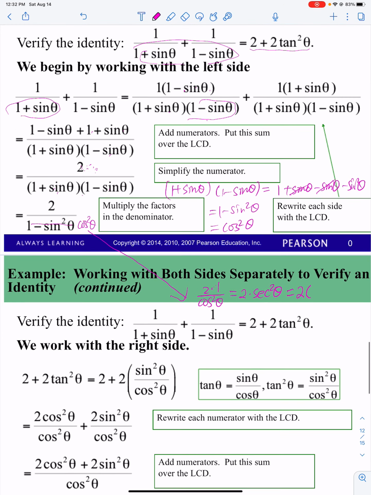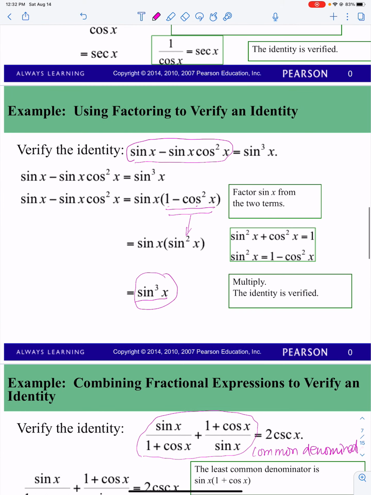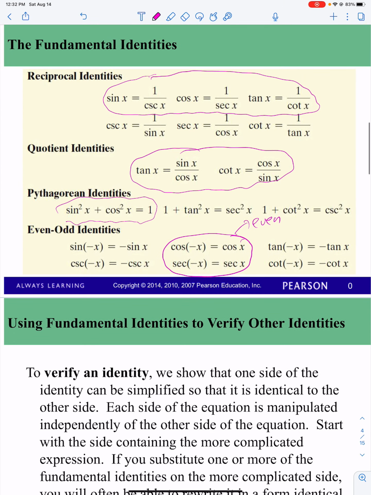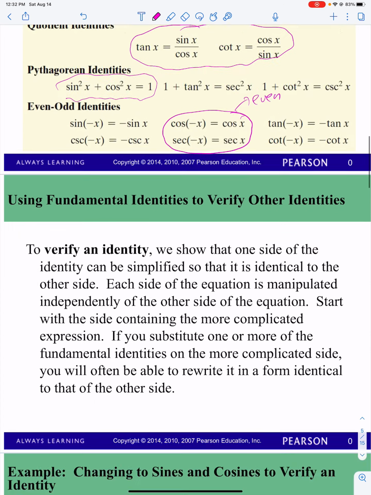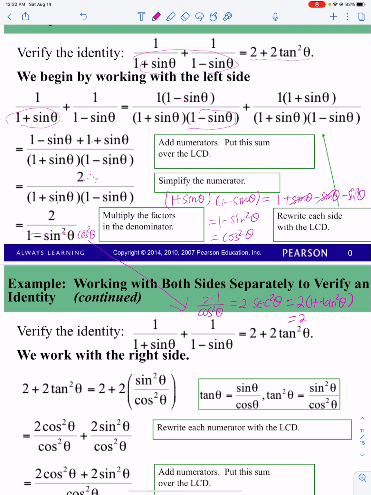Do not forget your identities. Secant squared equals 1 plus tangent squared. So it's 1 plus tangent squared, are you with me? So equal to 2 plus 2 tangent squared theta.